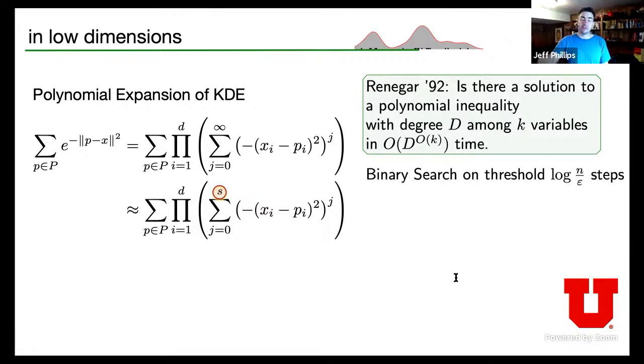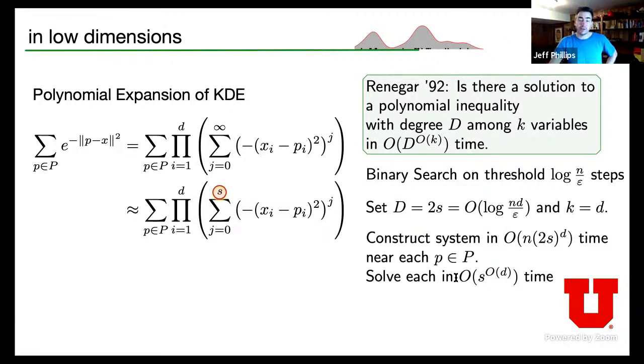And then we want to choose a bunch of potential thresholds of what it could be, and we need about log n of these different thresholds to check to see if we can find a solution. Then if we set the degree to 2 times s, where s is about log n over epsilon, and k is equal to d, then we can construct a bunch of these systems of inequalities, and this will approximate the kernel density estimate.